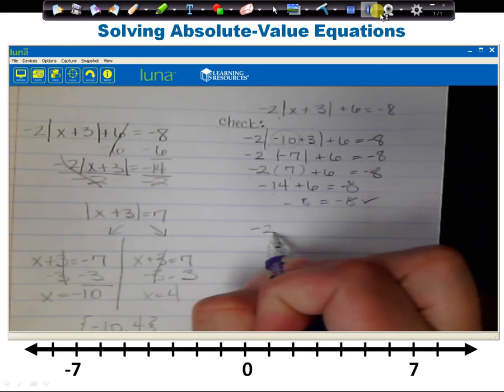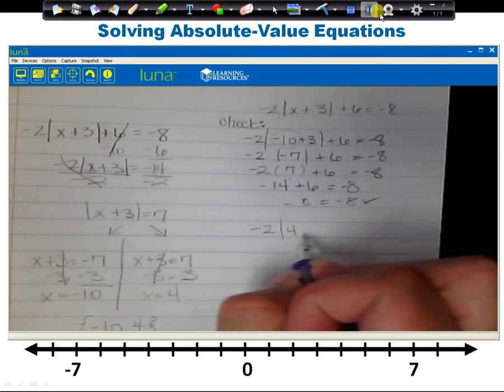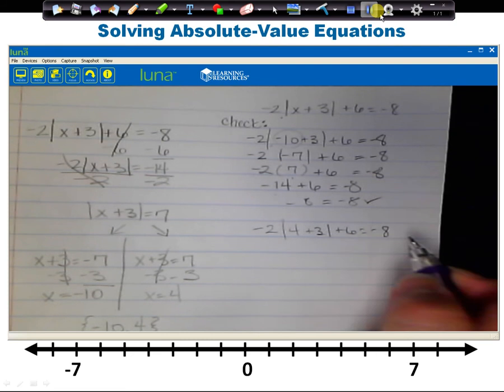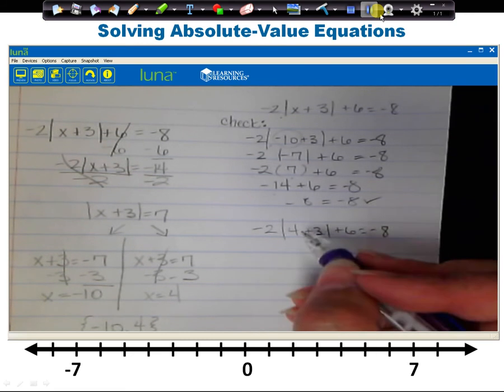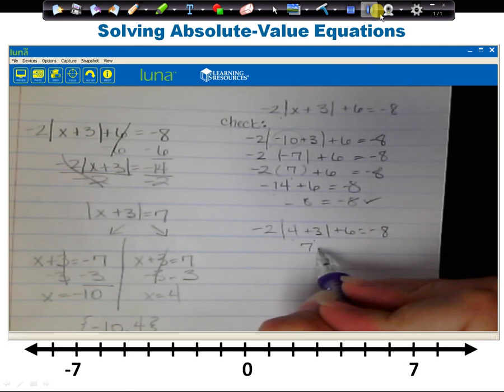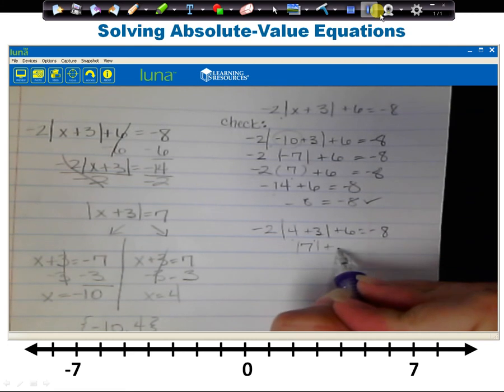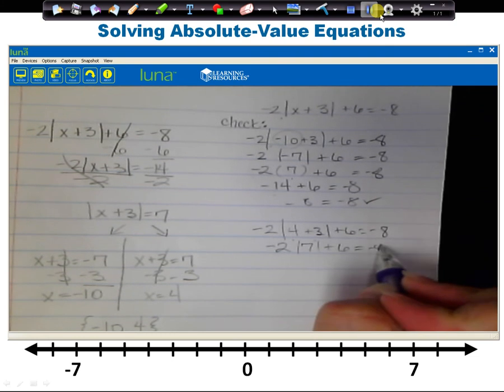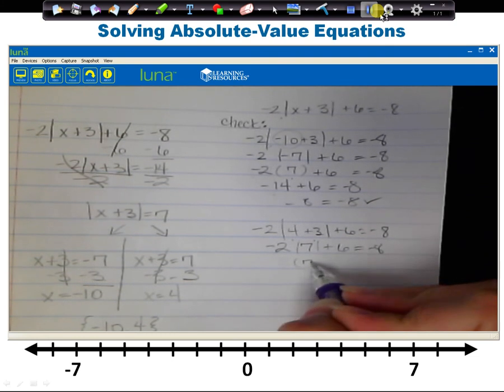Again, I'm going to go back to the original problem and plug in a positive 4 everywhere I see an x. 4 plus 3 is going to give me 7, the absolute value of 7. The absolute value of 7 is just positive 7.